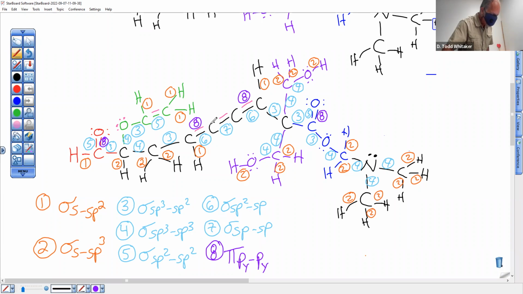This carbon on the left of this bond has already used its py orbital to make a pi bond to this carbon. You already told me that. You can't use the same py orbital to make a pi bond to this. You must pick a new one. Pick any new one that is not py. 9.